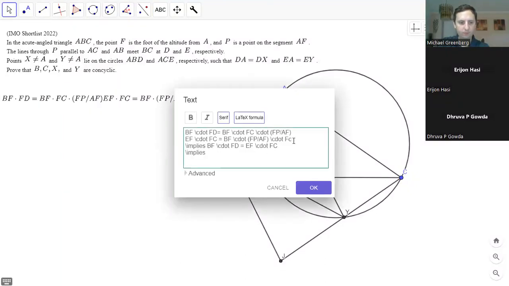So I'll make this look a little better. Step 1.